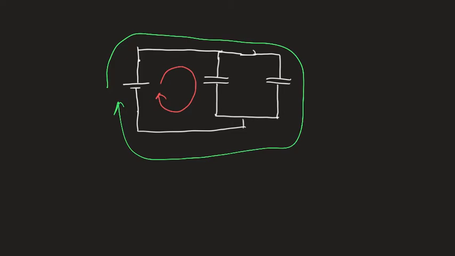That is a possible loop. It is a pathway from one side of the battery to the other. That's a loop. It doesn't have to include the battery to be a potential loop in your circuit. So in using Kirchhoff's rules, there are multiple ways to go through this circuit.